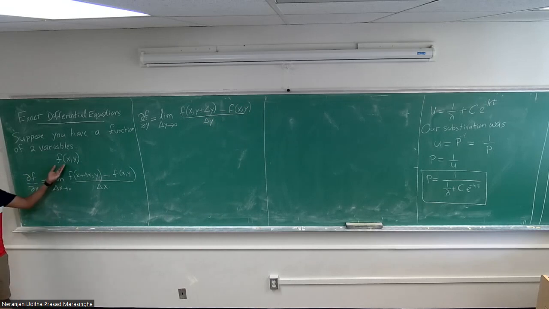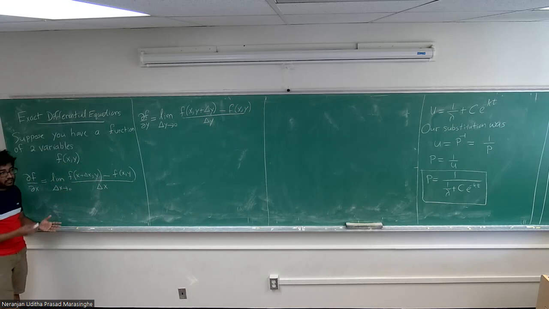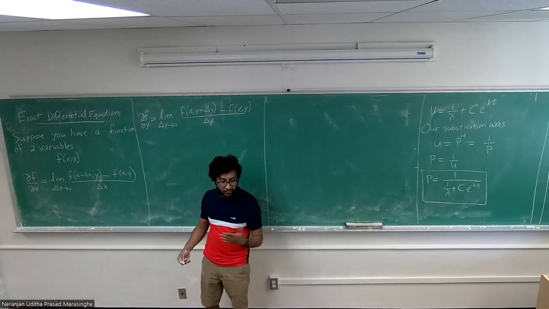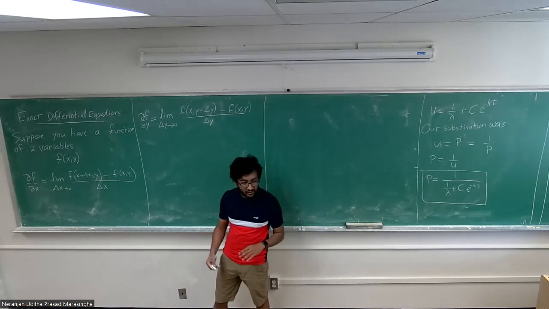In general, you might have some functions of n variables, right? Suppose f is a function of variables x1, x2, up to xn, right? Then you can define n partial derivatives.